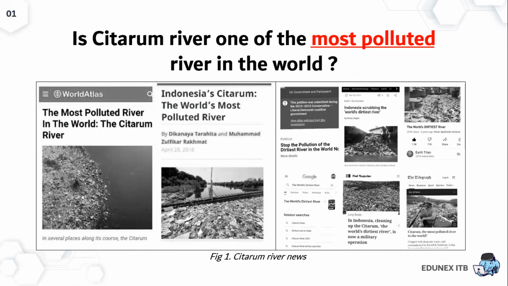There are so many articles that crown the Citarum River as the most polluted river in the world, as you can see in the picture, with so many headlines about the Citarum River being polluted and unsafe to people. Even according to The Guardian, and I quote, many people suffer from dermatitis, contact crisis, intestinal problems, delays in child development, renal failure, chronic bronchitis, and a significant incidence of tumors.